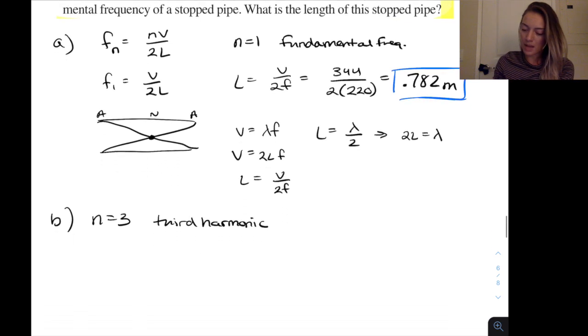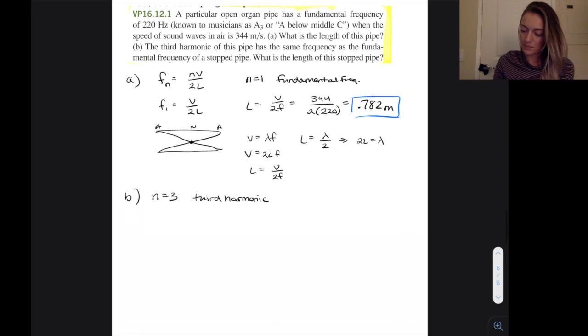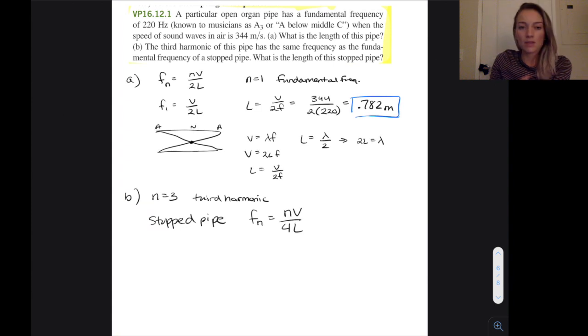So for a stopped pipe, the frequencies, or the harmonics, are given by nV over 4L. Because remember that our stopped pipe could support quarter wavelengths. So this is our stopped pipe formula. And they're telling us that the fundamental frequency of the stopped pipe would be when n is equal to 1.